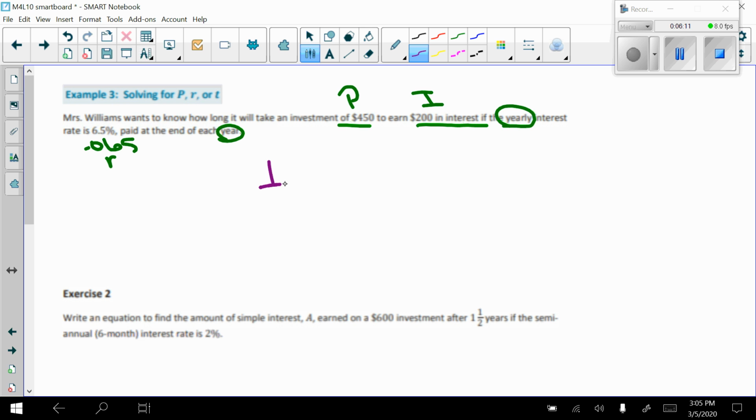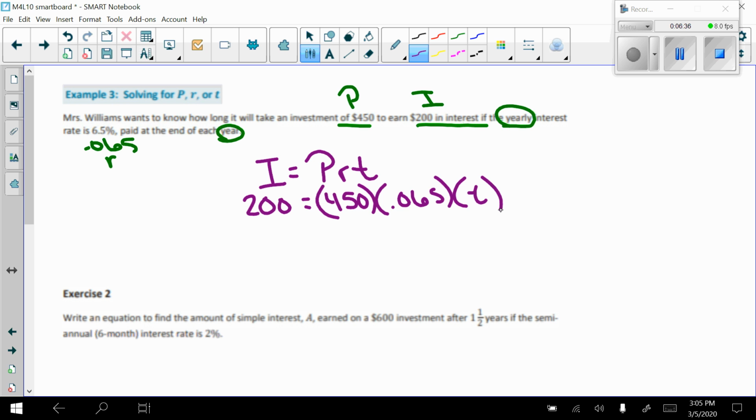So I equals PRT. Let's substitute what we know. The interest, I happen to know that this time. Interest is 200. The principal is 450. The rate, we said, is 0.065. And the time, don't know that one.